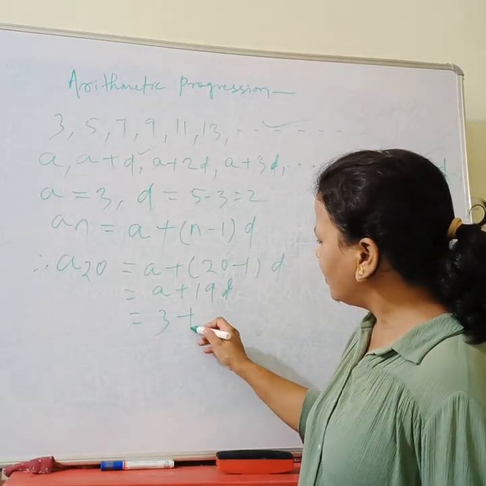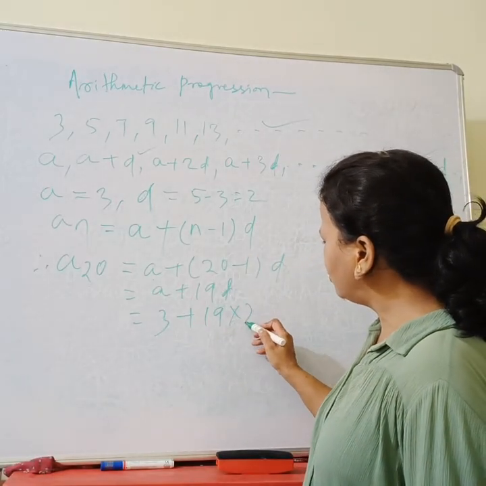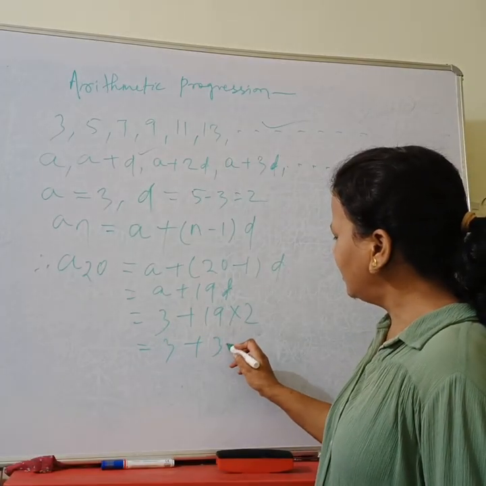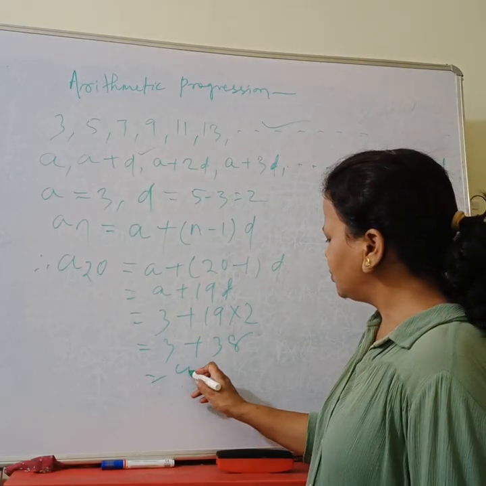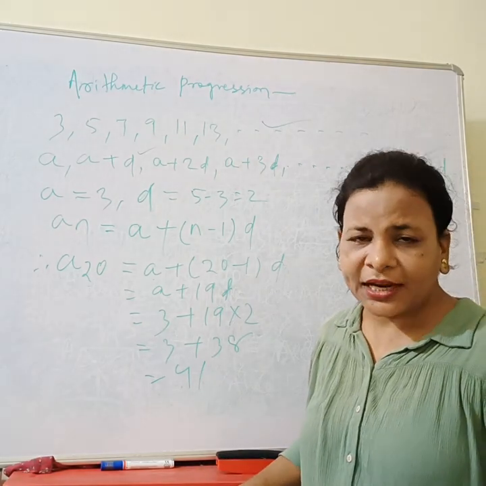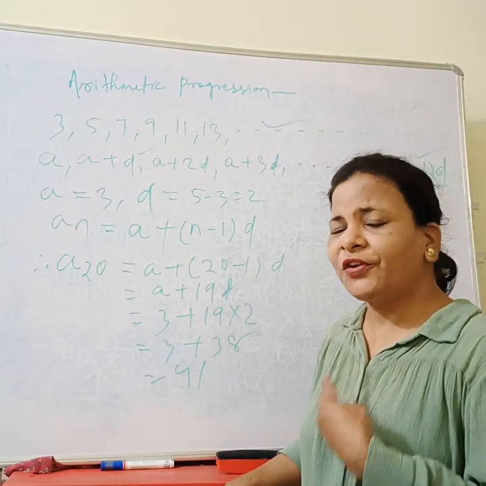So 3 plus 19 times 2, so 3 plus 38, that's equal to 41. In this way, we can get the nth term of an AP.